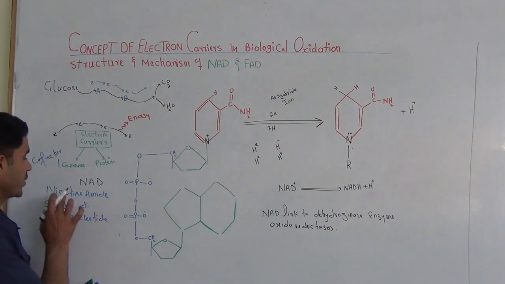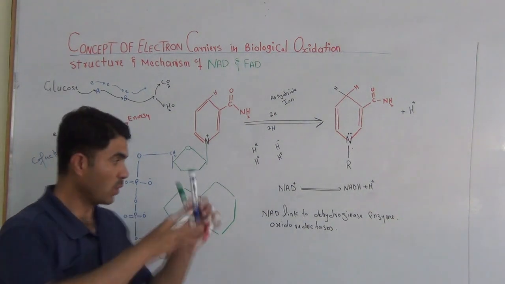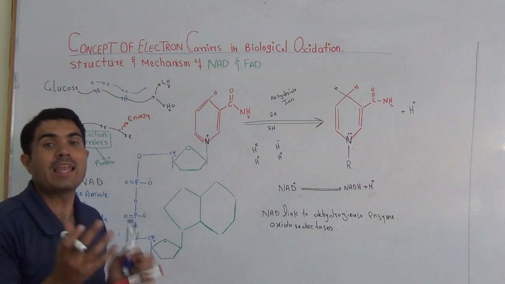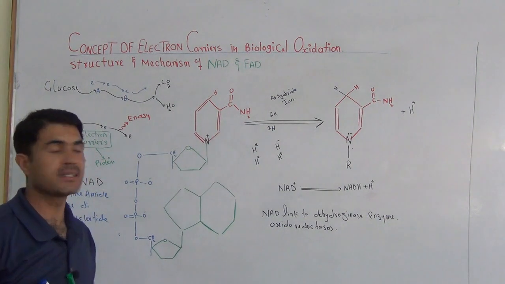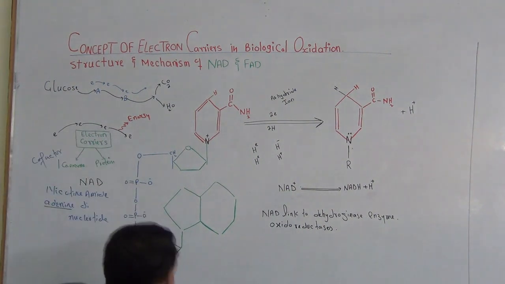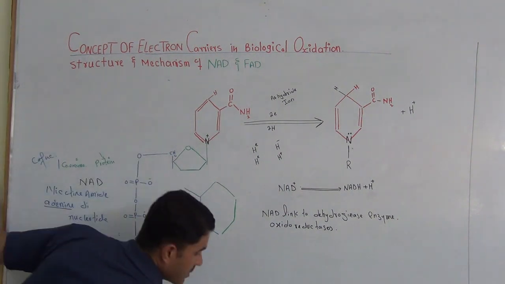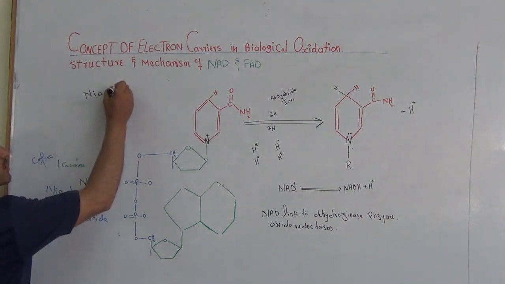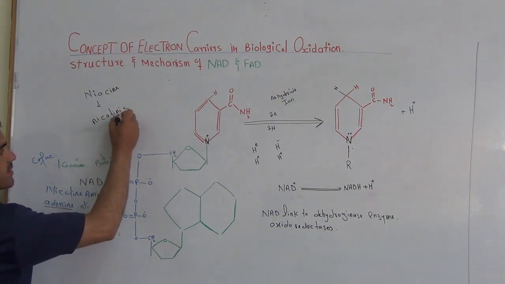Well, the first one, nicotinamide, because in the whole structure of NAD we have a very well known structure. Here in the red, this structure is called nicotinamide, that came from a vitamin called niacin.